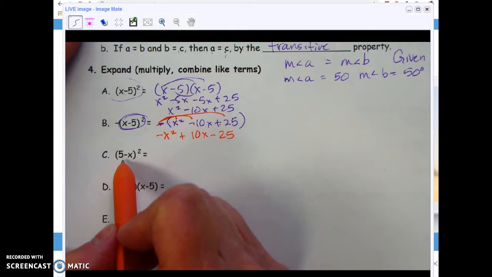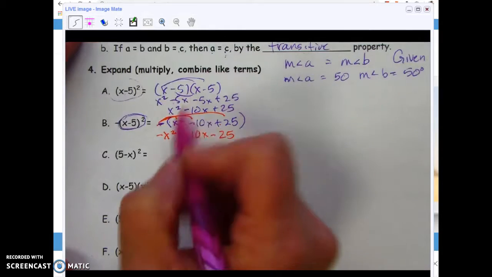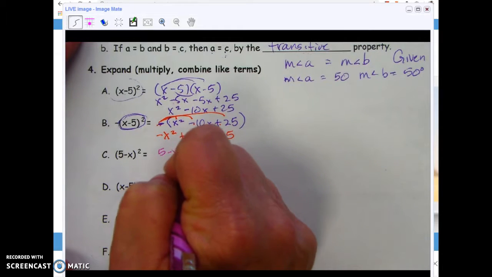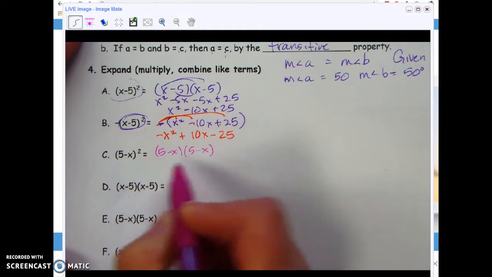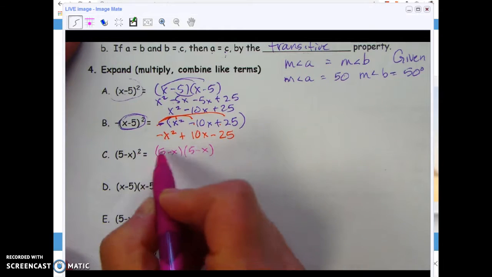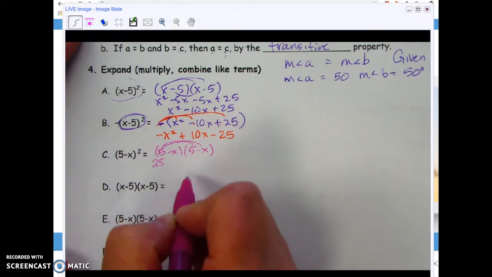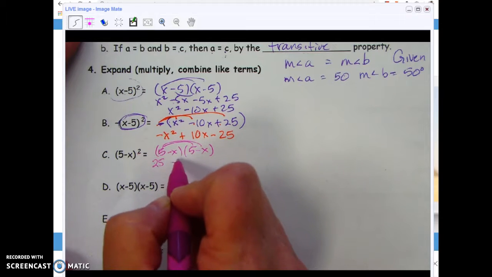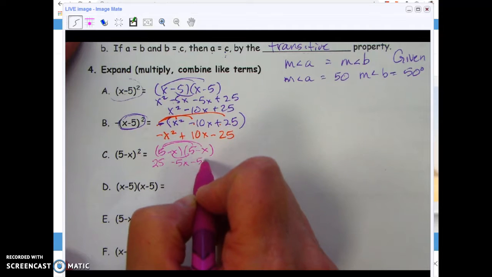Now I'm going to multiply this one out. 5 minus x times 5 minus x. Okay, so when it's squared, it means write it twice. Multiply 5 times 5, 25. 5 times negative x, negative 5x. Again, negative 5x.